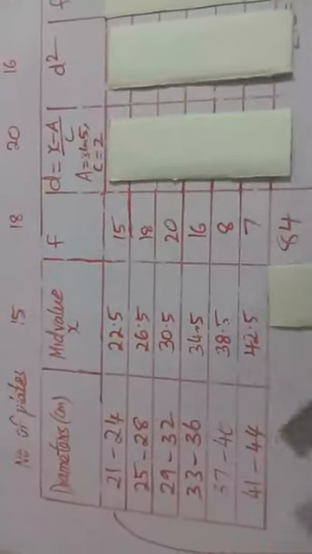Next step is D equal to x minus A by C. Here, from the mid values you take one assumed mean. Either you can take 30.5 or 34.5. Here I have taken 34.5.